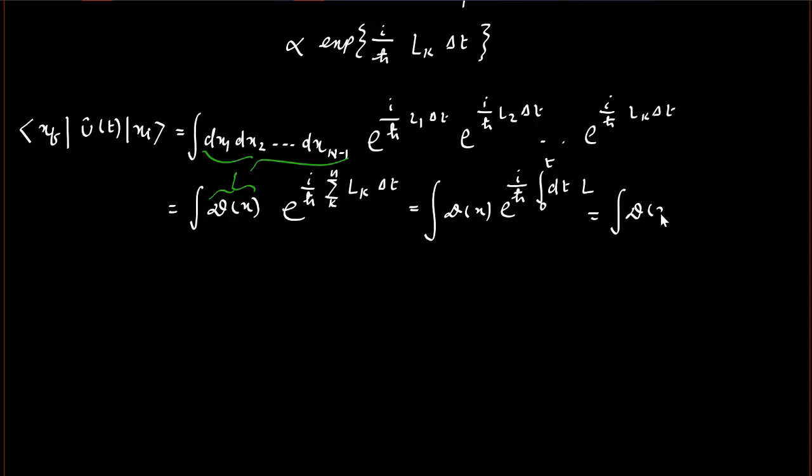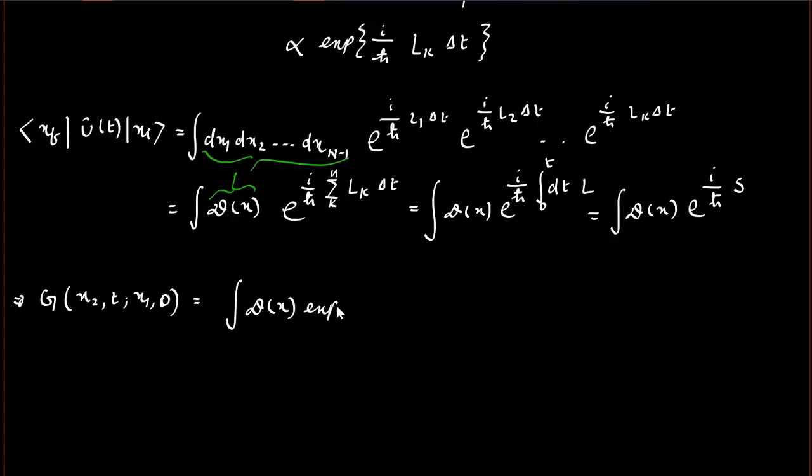So I can write D of x exponential i by h cross into this classical action S. Okay, so finally what we get is our transition amplitude at position x2 at time t, starting from x1 at some initial time 0, can be expressed as this: integral over all paths, exponential i by h cross into the classical action.